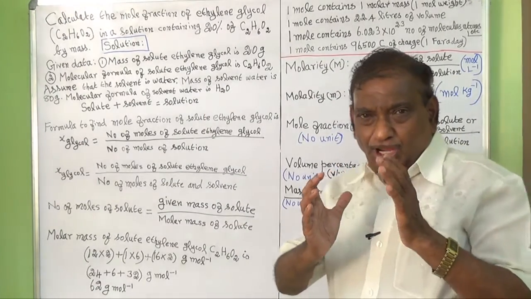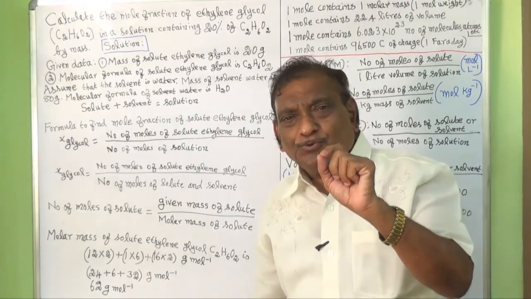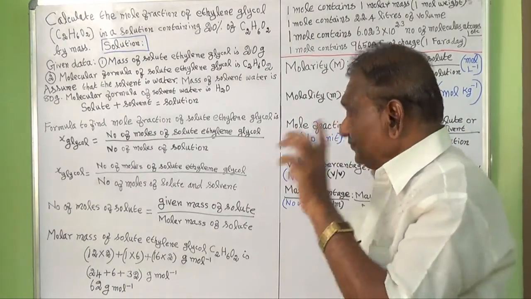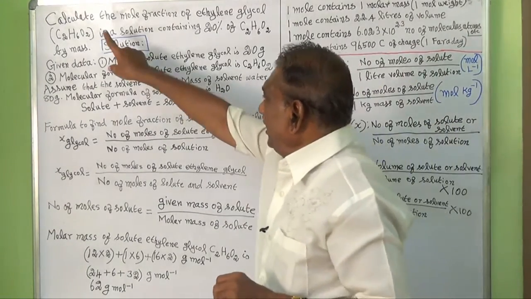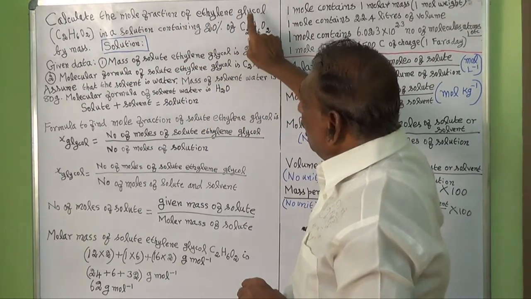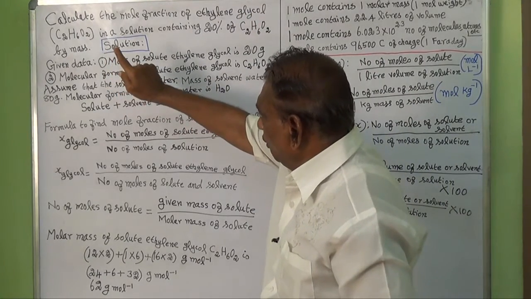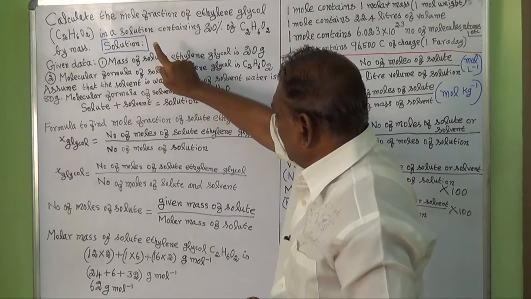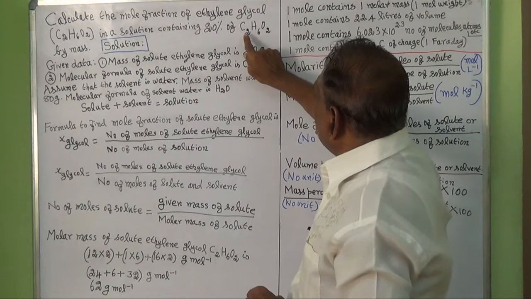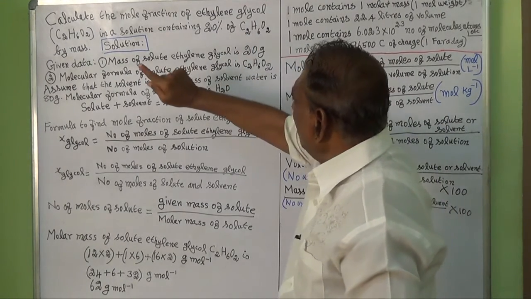Today, we are going to find the mole fraction of ethylene glycol. See the sum. Calculate the mole fraction of ethylene glycol, C2H6O2, in a solution containing 20% of C2H6O2 by mass.